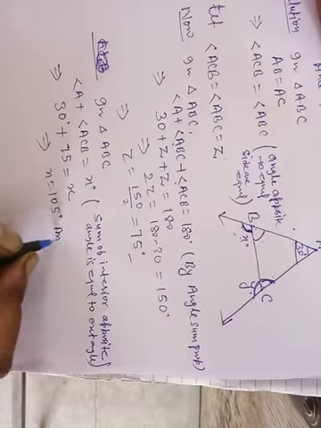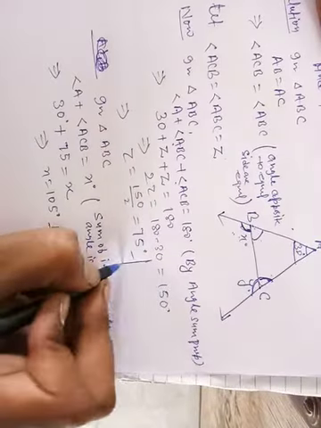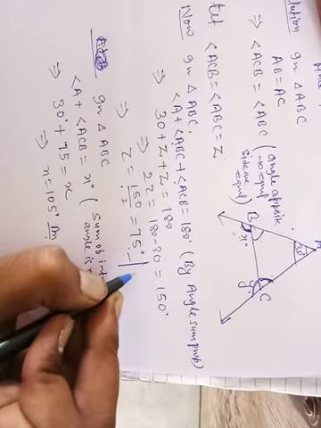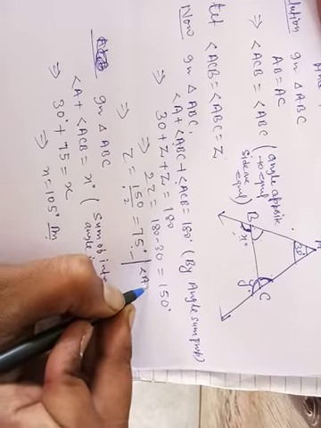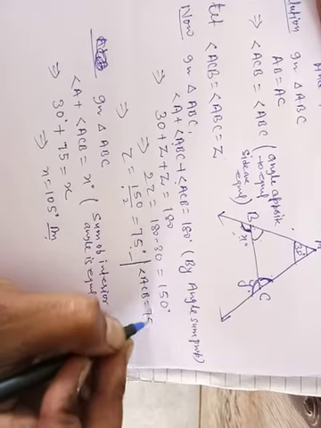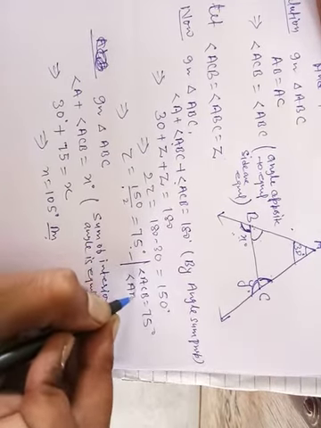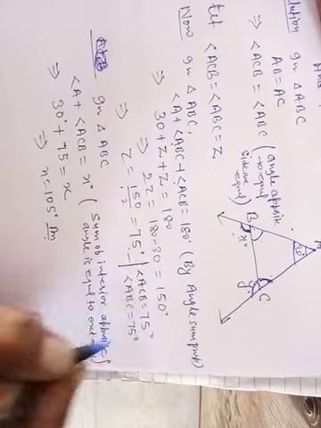This is the answer. Since angle Z is equal to 75 degree, angle ACB is 75 degree and angle ABC is also 75 degree.